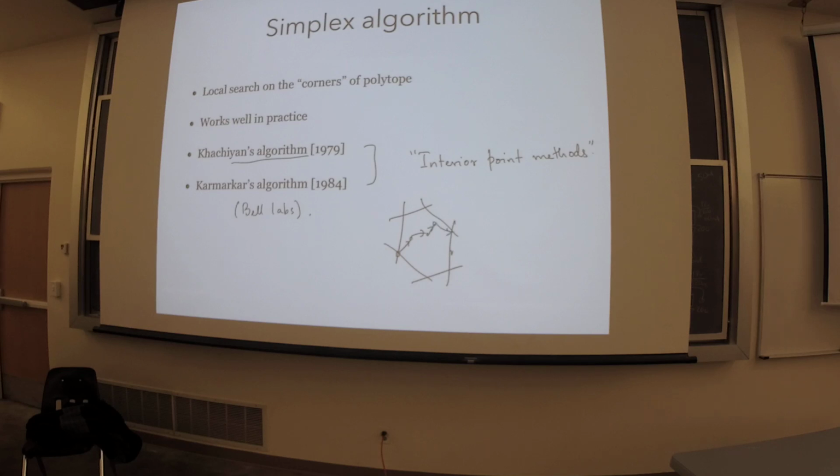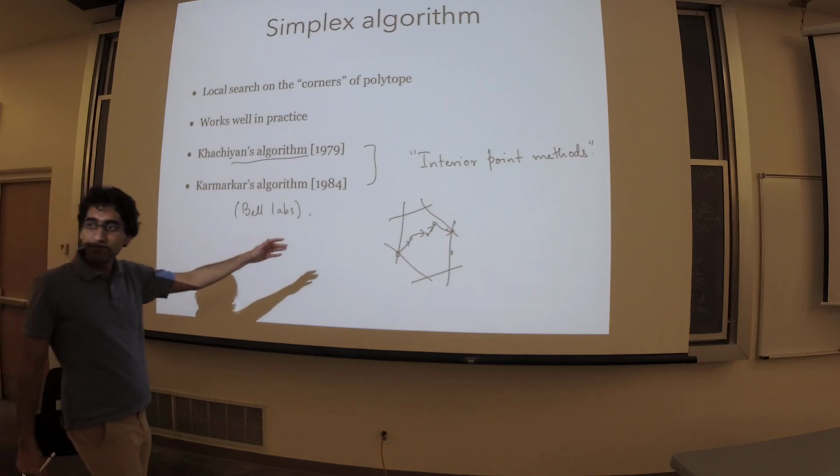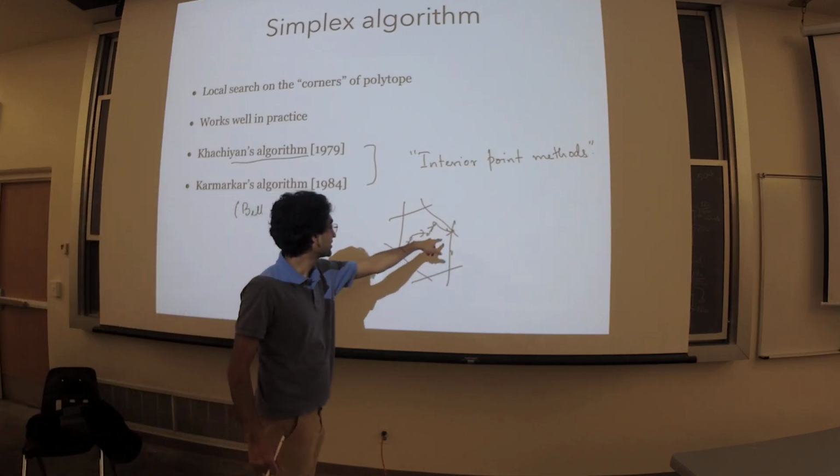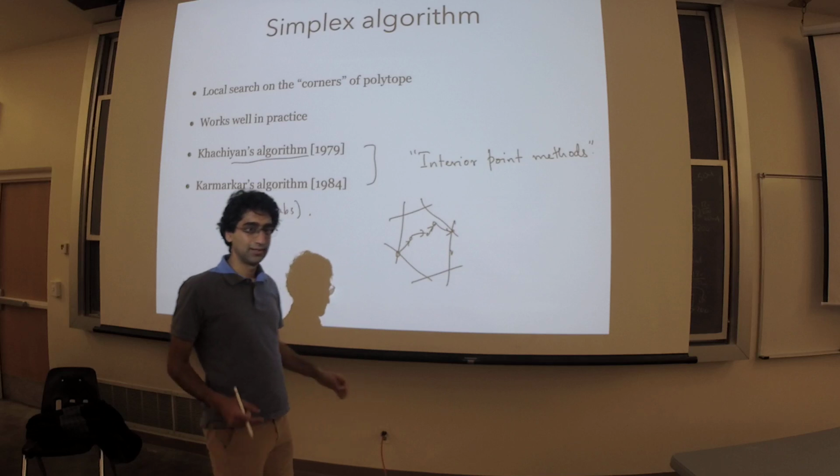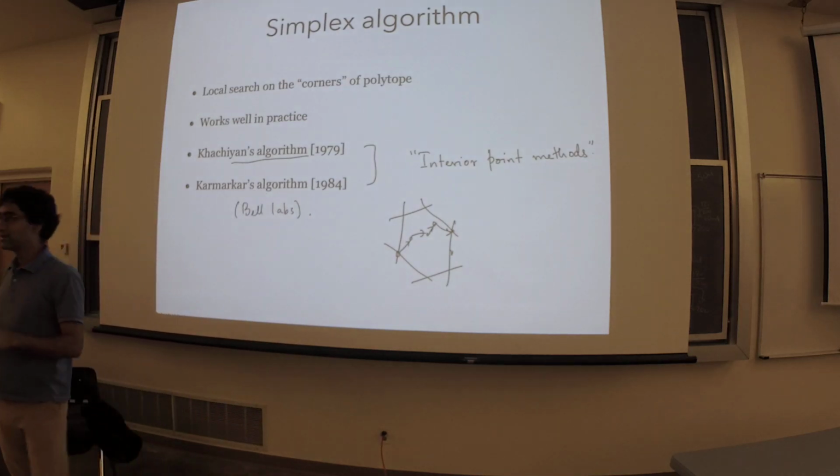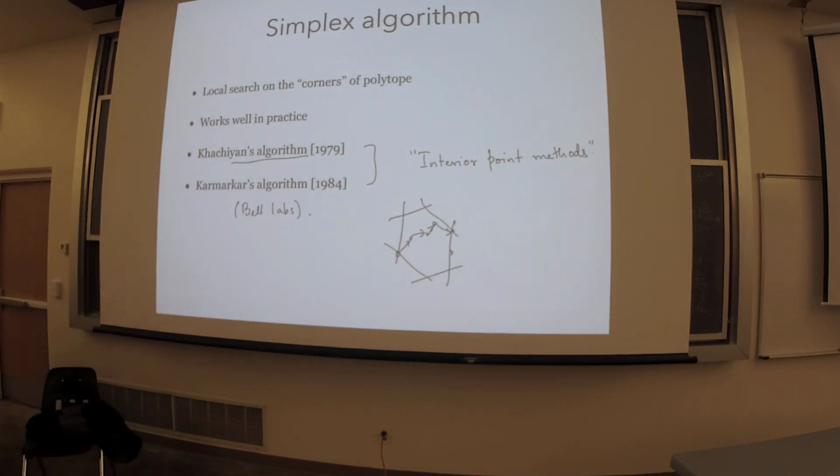And then they end up at the corner. Which is a weird thing to do, because you know that your solution is a corner point, but you still end up going through the interior, and so you might end up at some suboptimal points, but you will eventually.